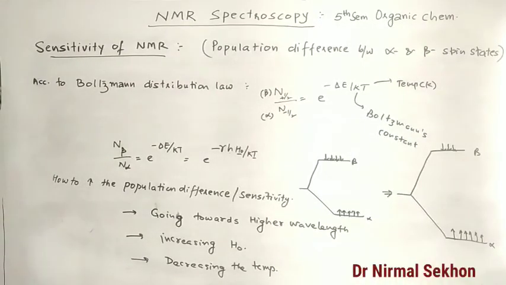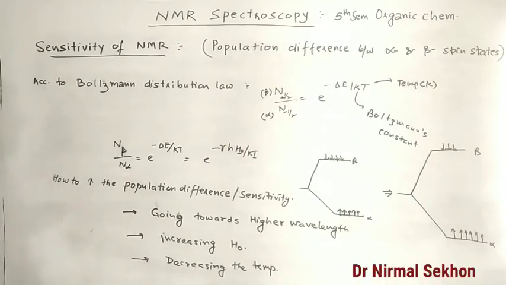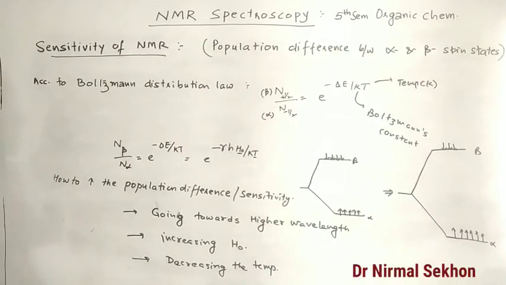The more the population difference between alpha and beta, the more energy is observed, and when more energy is observed, it means a clear signal will appear. If there is no difference between the alpha and beta state, with equal numbers of molecules in alpha and beta, there will be no net energy absorption and the signal will be zero. So this is about the sensitivity of NMR spectroscopy.